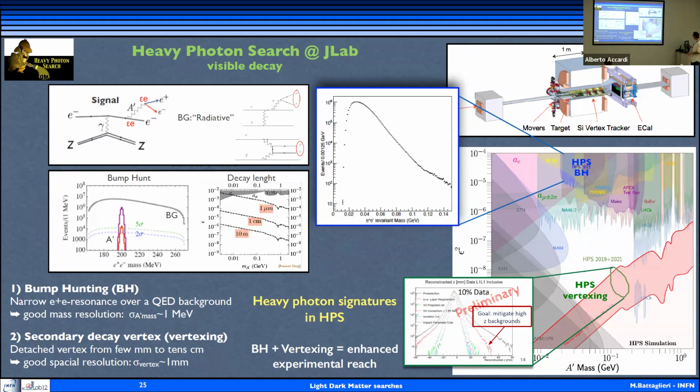That is exactly this region here. You see APEX is here and HPS is here. On top of that, HPS had the clever idea to not only look at the bump hunting, so just taking E plus and E minus, building the invariant mass and seeing if you have a peak, but also looking at detached vertices.